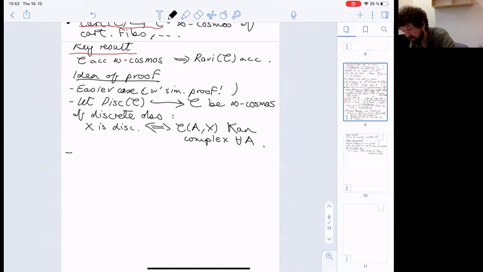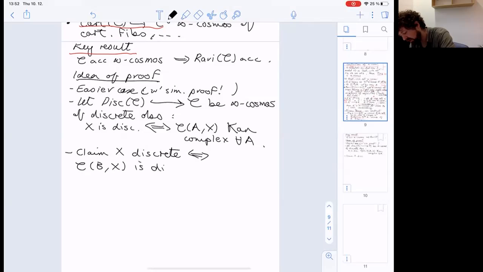And now the thing I want to do is to claim X is discrete if and only if C(B,X) is discrete for lambda presentable object B, okay, for some lambda.